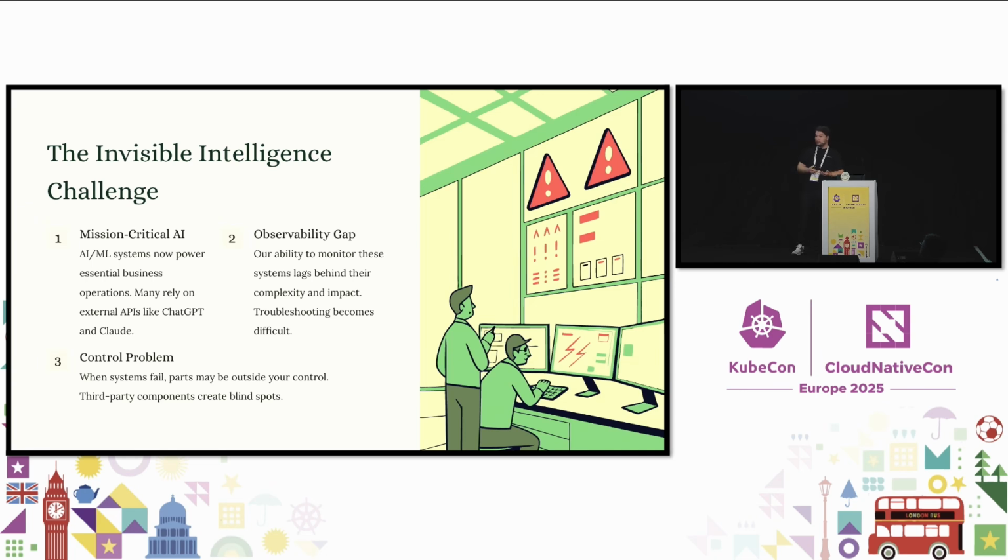So we have an observability gap: our observability monitors these systems, but it lags behind their complexity and impact. There's also a control problem: when the system fails, part of it may be outside your control. Third-party components basically create a blind spot.